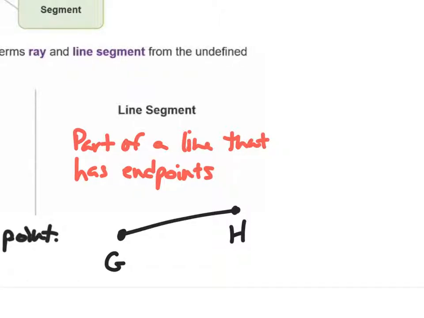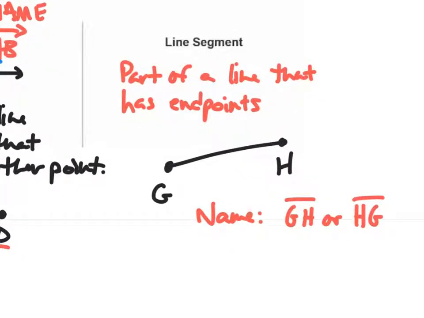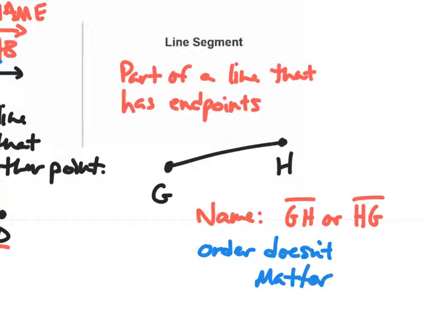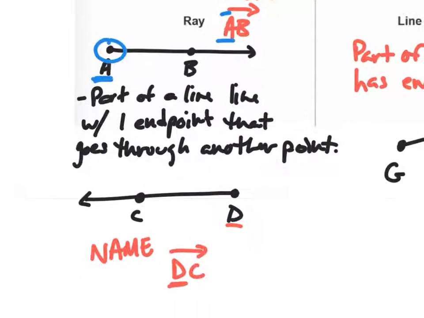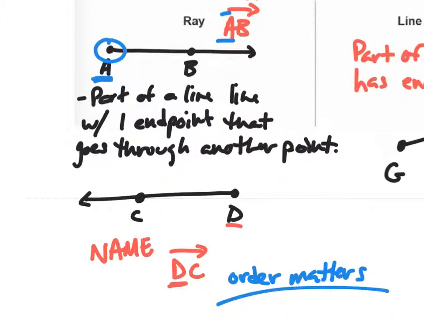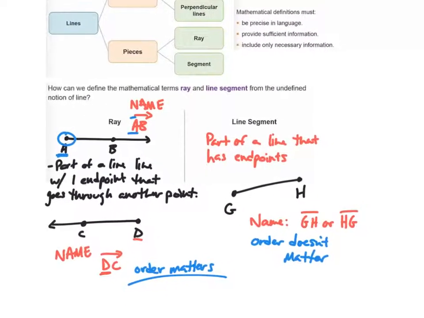If we were going to name this, I would name it GH with a line across it, no arrows, or HG. Order doesn't matter on line segments when you name it. However, on a ray, when you name it, order matters. That's all I've got for those.